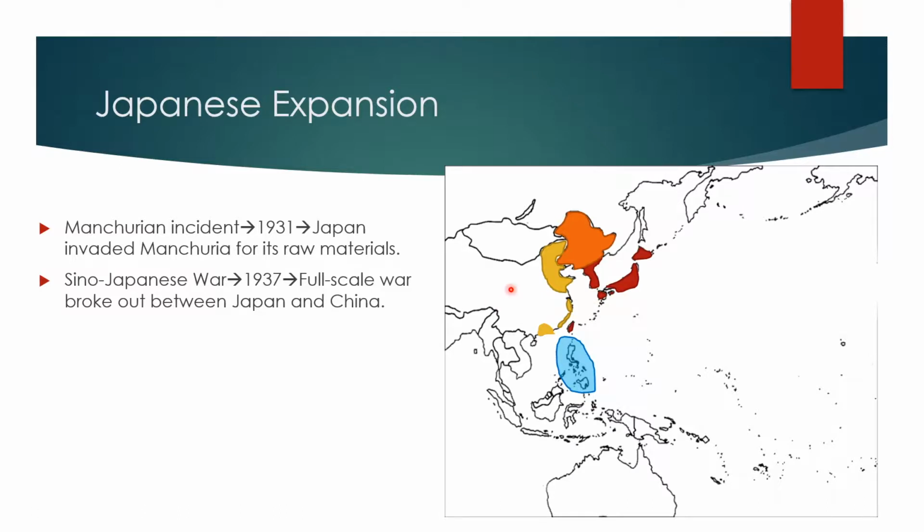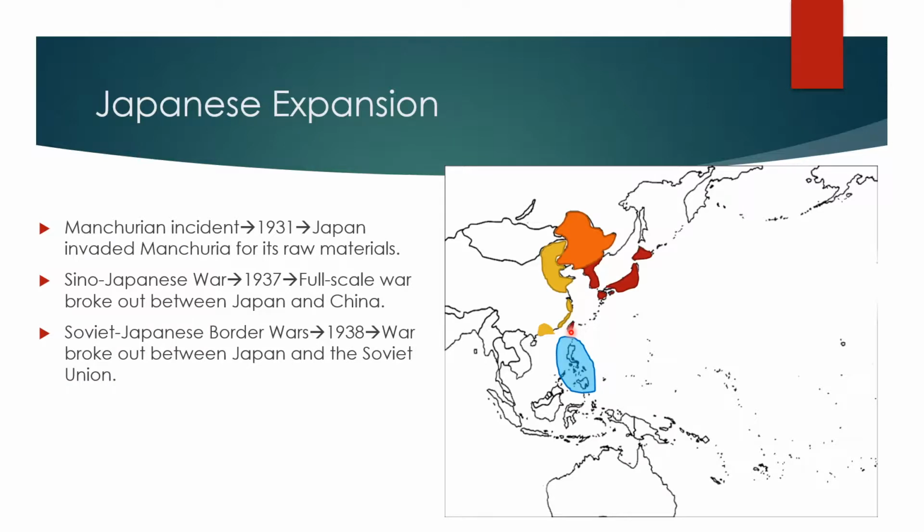And then in 1937, full-scale fighting breaks out between Japan and China in what's called the Sino-Japanese War. This is when World War II officially starts in the Pacific, because the Sino-Japanese War starts in 1937 and does not end until 1945, when World War II ends as well.